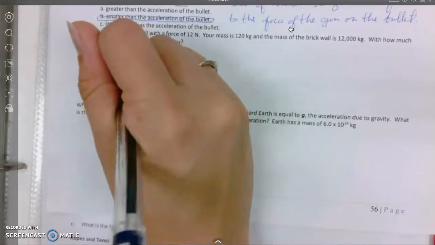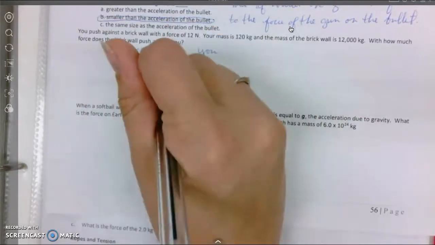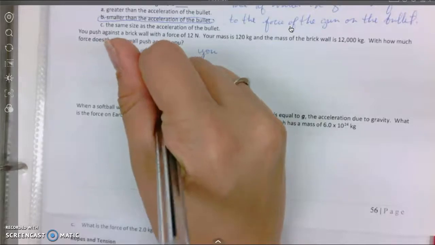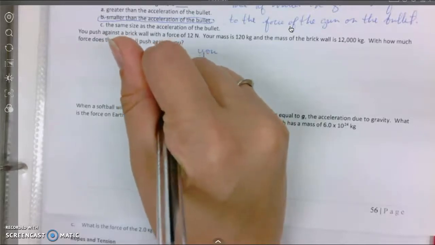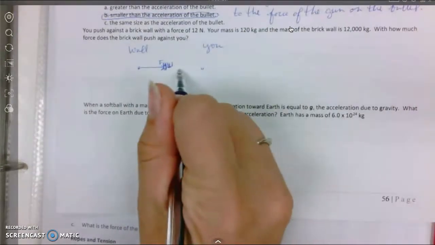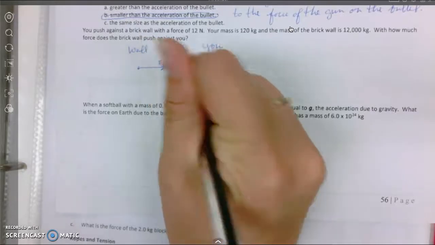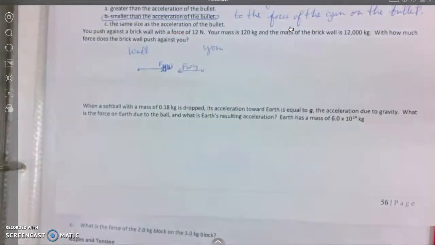Let's say this is going to be the wall. So we have the force of you pushing against the wall, but then we also have an equal and opposite force of the wall pushing against you, okay?